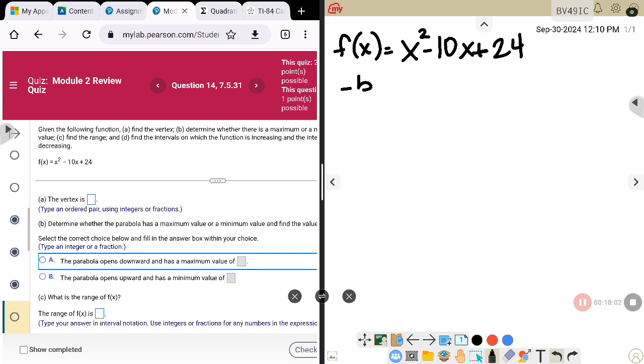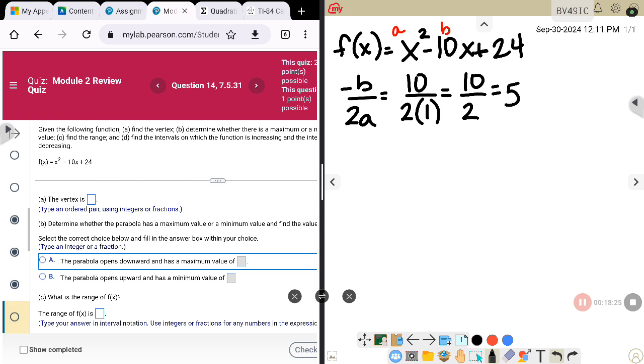So I need the opposite of b over 2a. So if my b is -10, the opposite of it is +10. My a is 1, so I have 2 times 1 in the denominator. So I have 10 over 2, which gives me 5. So my vertex will have an x-coordinate of 5.